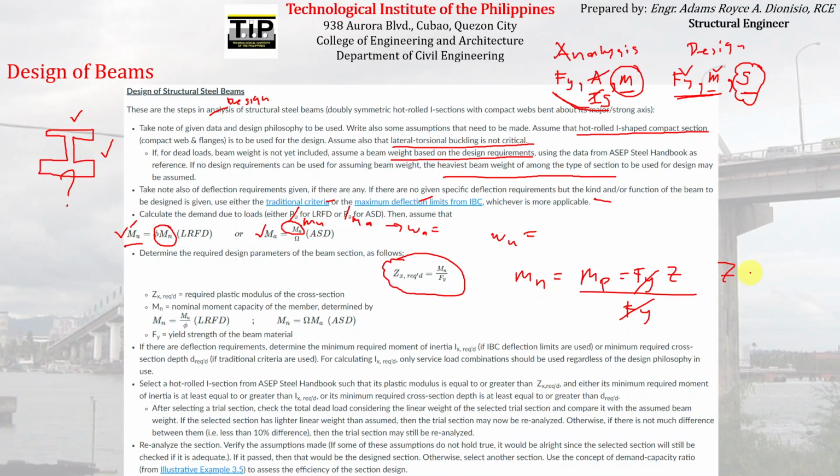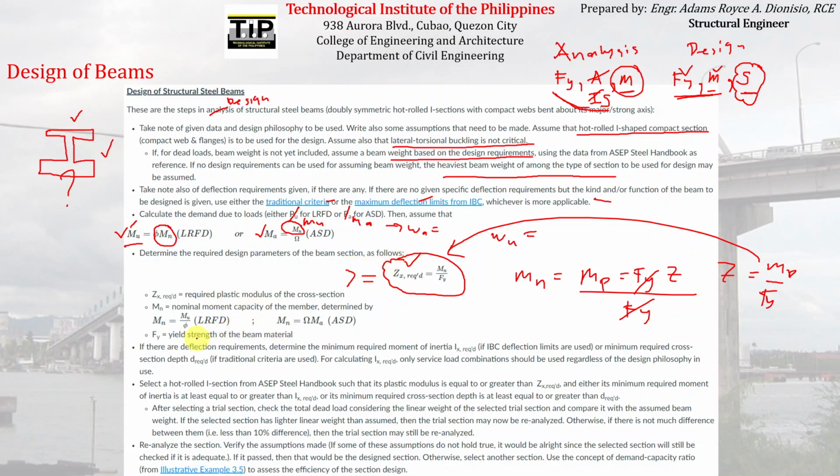Therefore, Z is just equal to MP over Fy, which is similar to this formula. Okay, so with that given beam section parameter, you can go to the steel handbook to find a steel section that has a plastic section modulus equal to or greater than this given plastic modulus here.